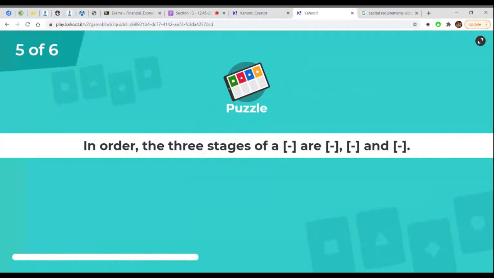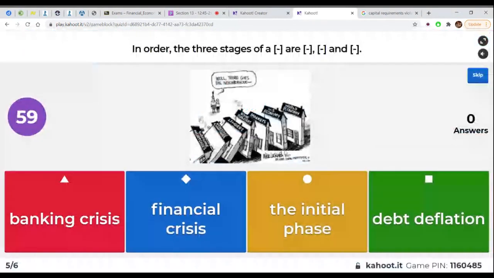This one, you have to sort things into order. In order, the 3 stages of a bank are blank, blank, and blank. And when you're done, you have to press the K button to submit your response.